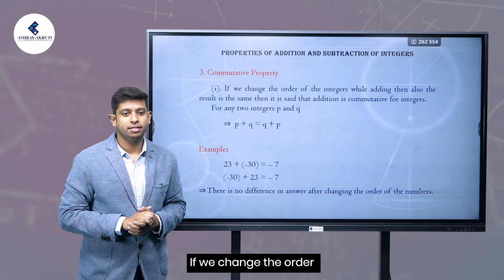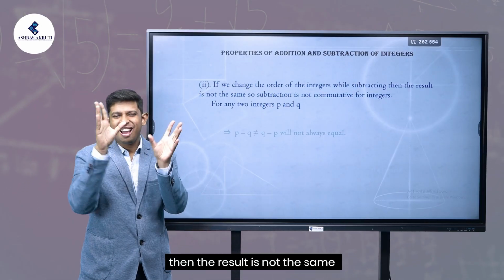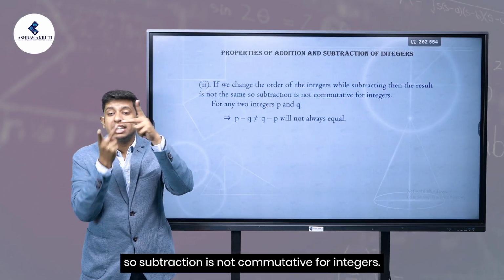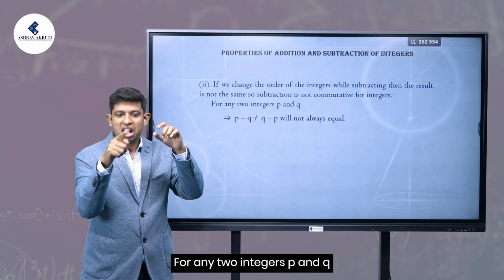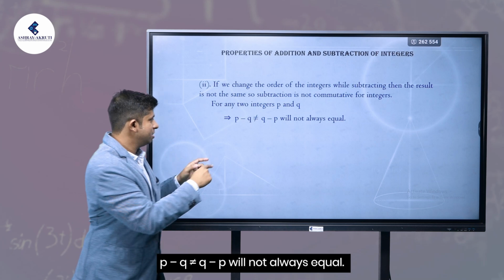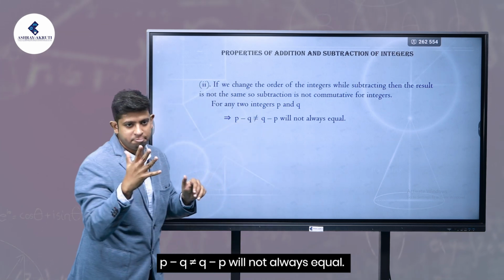If we change the order of the integers while subtracting, then the result is not the same, so subtraction is not commutative for integers. For any two integers p and q, p minus q is not always equal to q minus p.